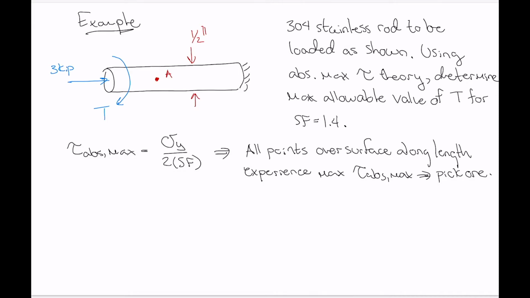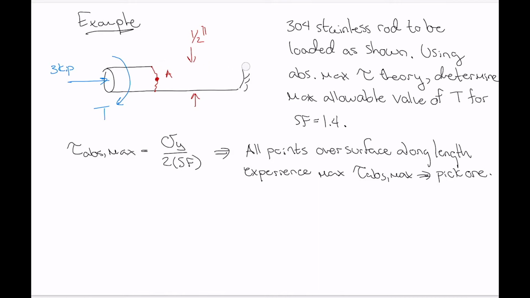So there's our point. Let's do a little bit of erase and replace now to change this into a free body diagram. So what we want to do is take a section cut through point A to look at what the internal forces are, and then we'll draw our volumetric element and put the stresses on that.